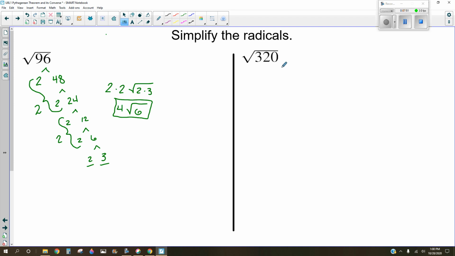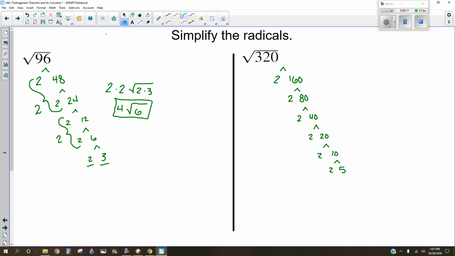320. So let's start our factor tree. 2 and 160. 2 and 80, 2 and 40, 2 and 20, 2 and 10, 2 and 5. Okay, no more numbers to break down.